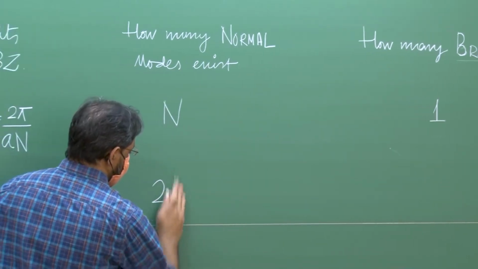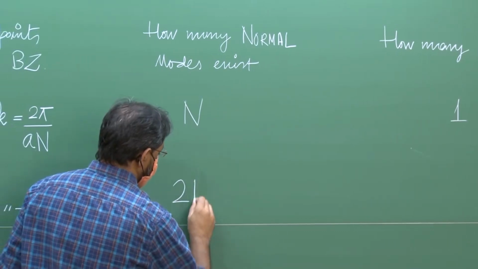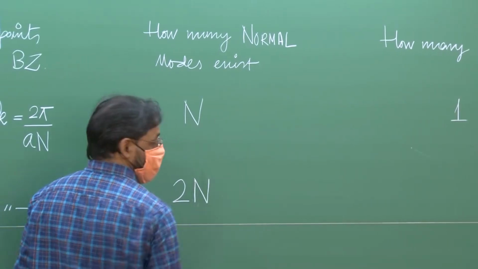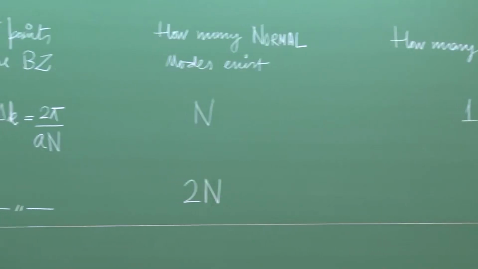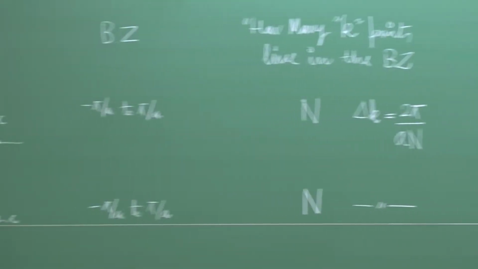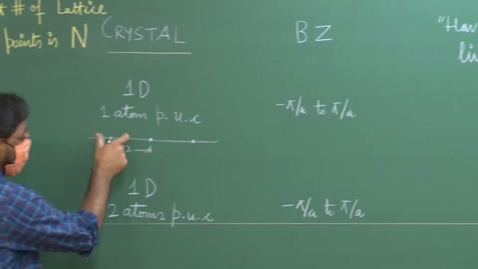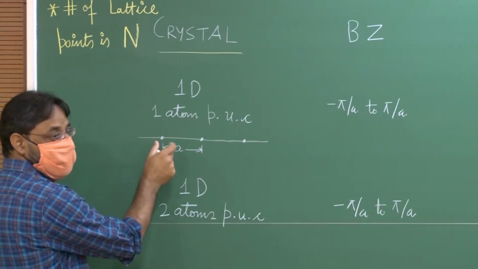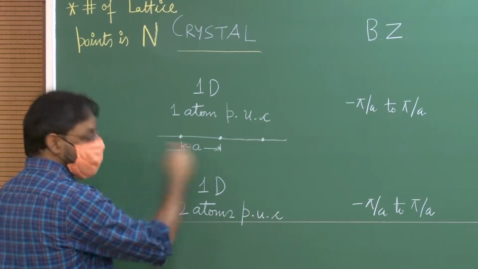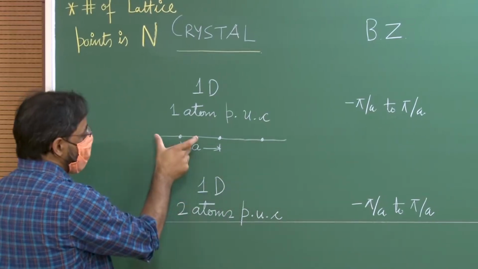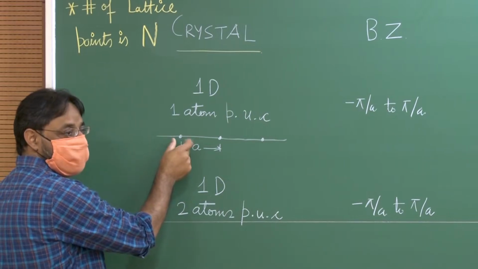Why 2N? Can you give a justification for 2N? To locate the center of mass of this basis, you need one coordinate, which is x, because you are living in the 1D world, and then there is the stretching mode.